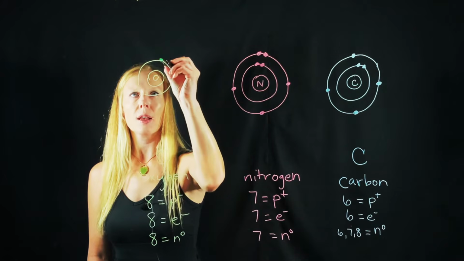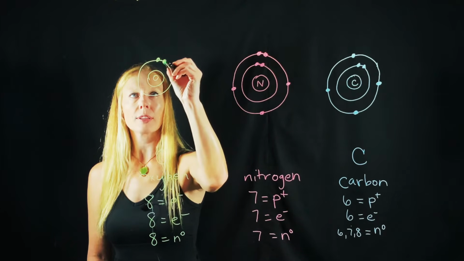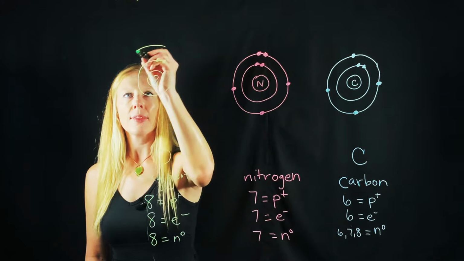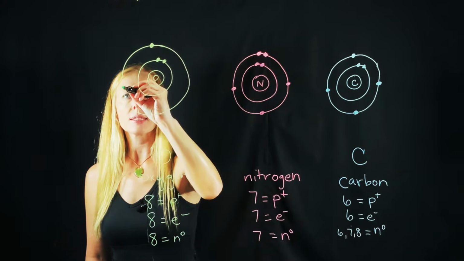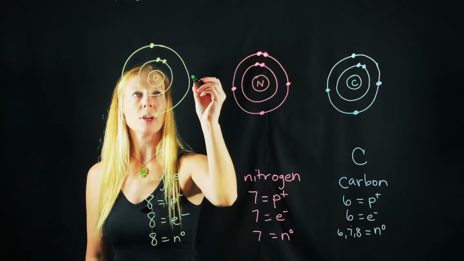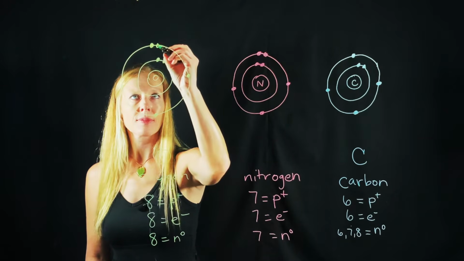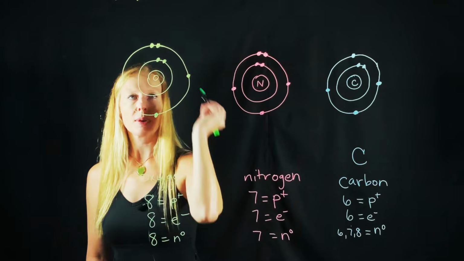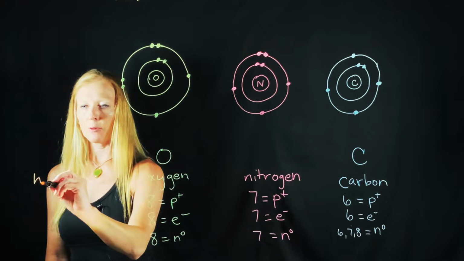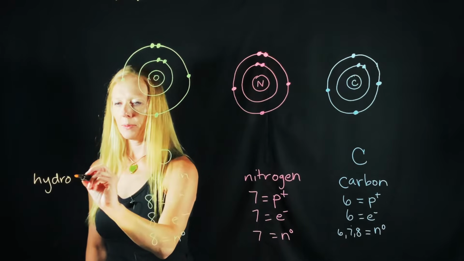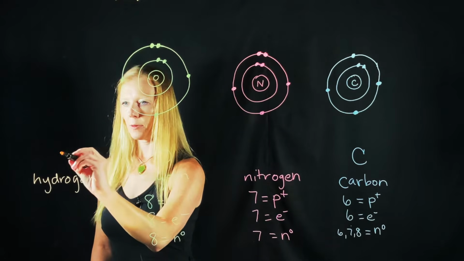First electron shell, we're going to draw 1, 2 electrons. That's all it can hold. And that leaves us 8 minus 2, so 6 electrons in that second shell. Okay, so there's oxygen.